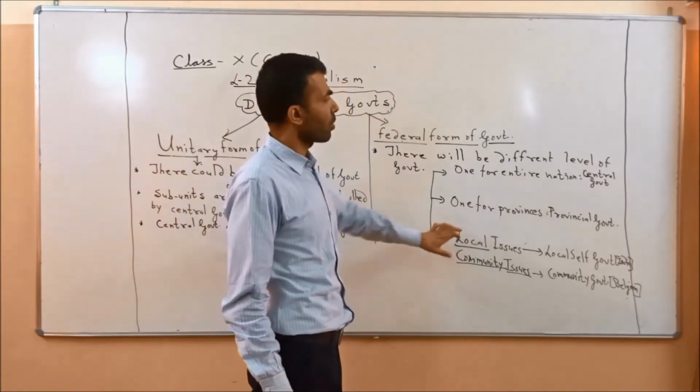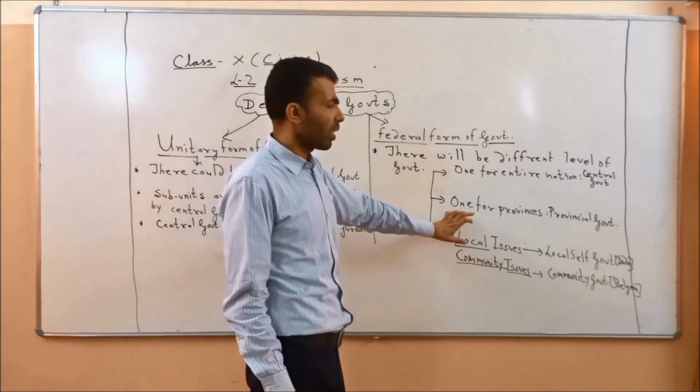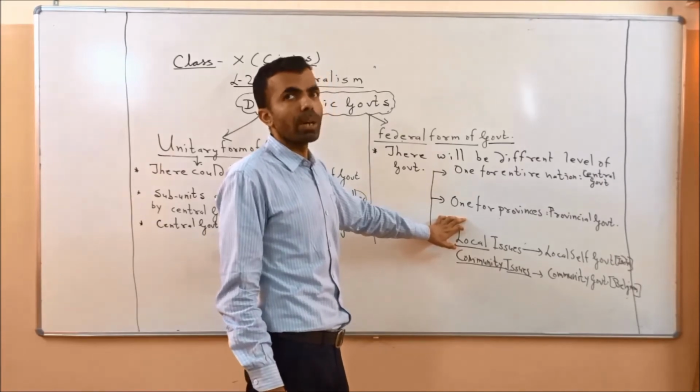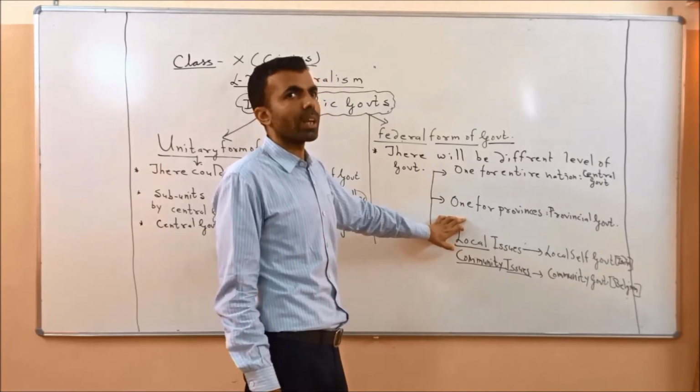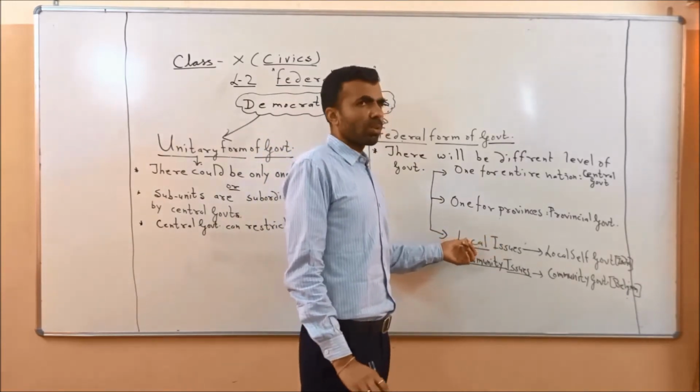Now, a third set of government could be there in some countries. It's not necessary that every country has a third set of government, but some do, especially the bigger countries. Even smaller countries like Belgium have a third set of government. This could be created on the basis of local issues.